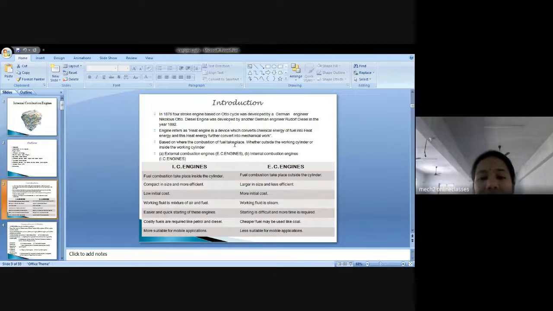So the basic definition of engine, remember everyone, is that chemical energy is converted into mechanical energy. Simply you can write: chemical energy is converted into mechanical energy. Otherwise you can write this definition: a heat engine is a device which converts chemical energy of fuel into heat energy, and this heat energy is further converted into mechanical work.